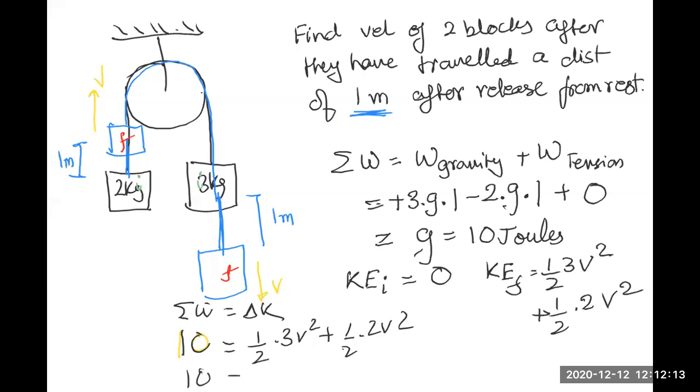So 10 is equal to 5 by 2 v square. And this gives me v is equal to 2 meters per second. Right? 5 cancel हो जाएगा, 10 से 2 आ जाएगा, 2 into 2 4 हो जाएगा. V square is equal to 4, V is equal to 2.